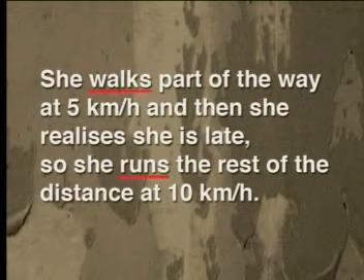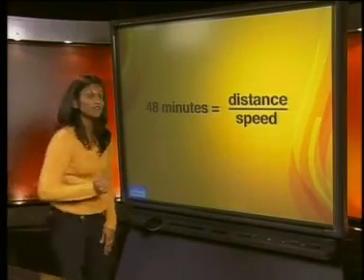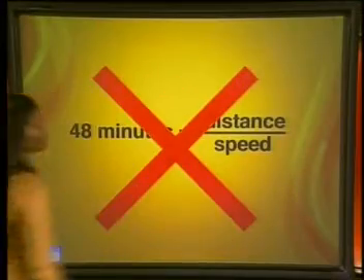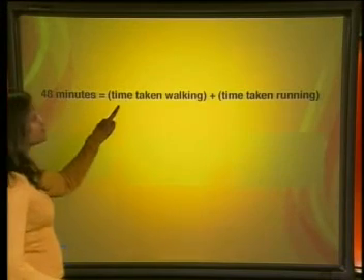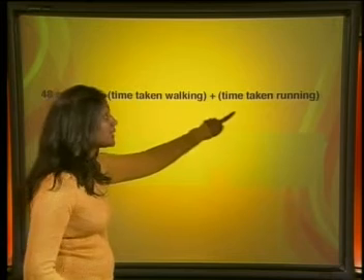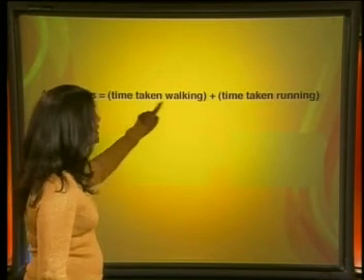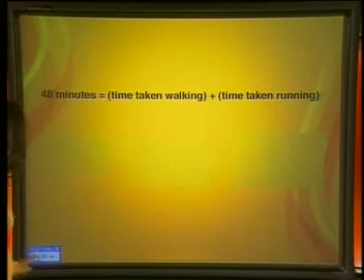We know that Maria walks and then she runs. So in actual fact, we know that this is wrong. And instead, it would be correct to say 48 minutes is equal to the time taken walking plus the time taken running. Now to calculate these, we need to go back to our formulae.